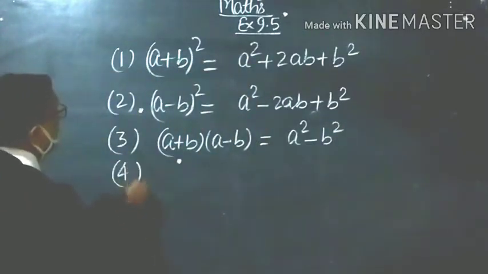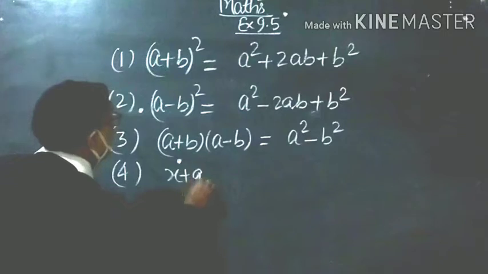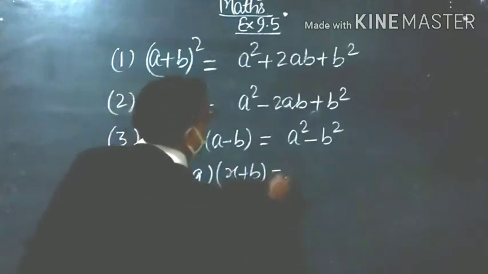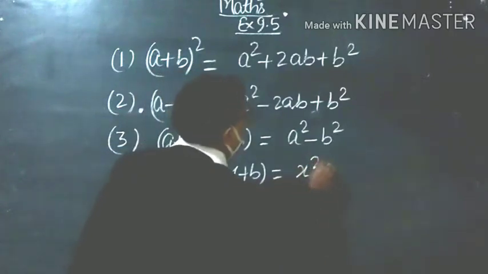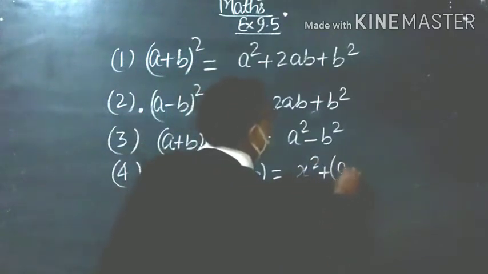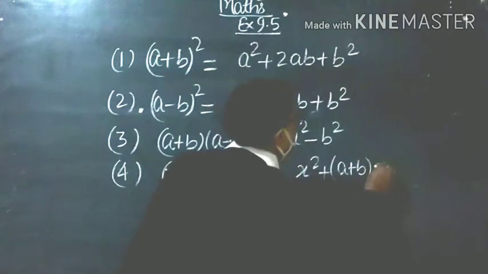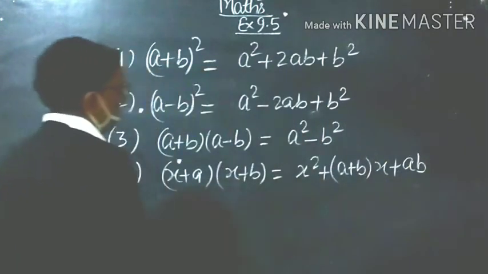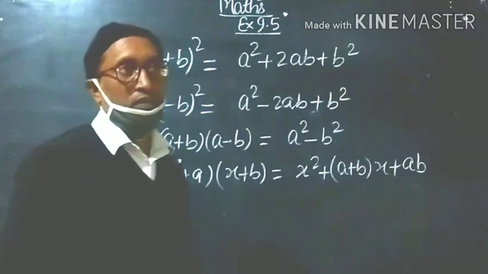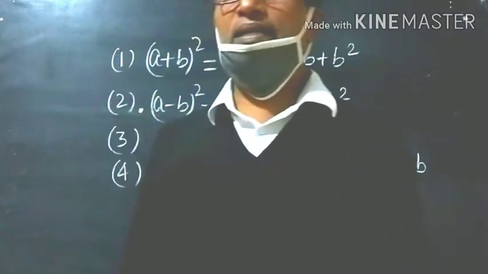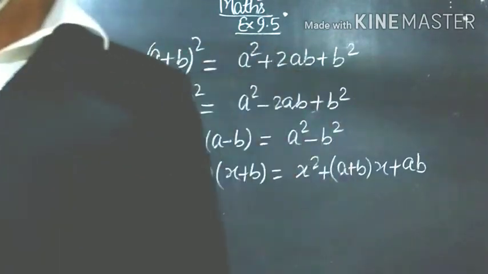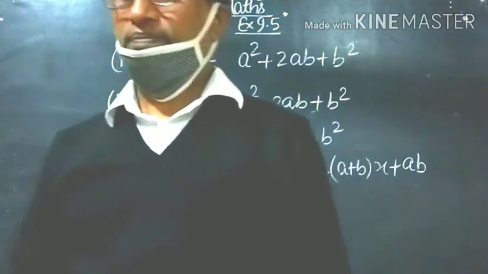And fourth, (x plus a) into (x plus b) is equal to x square plus (a plus b) into x plus ab. These are four standard identities which are used in exercise 9.5.